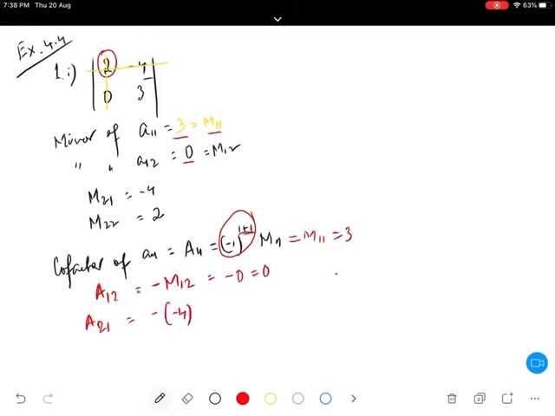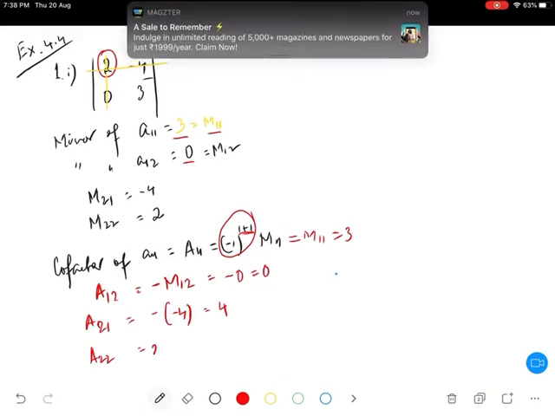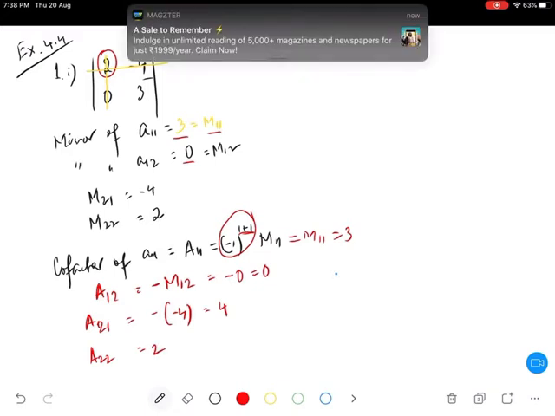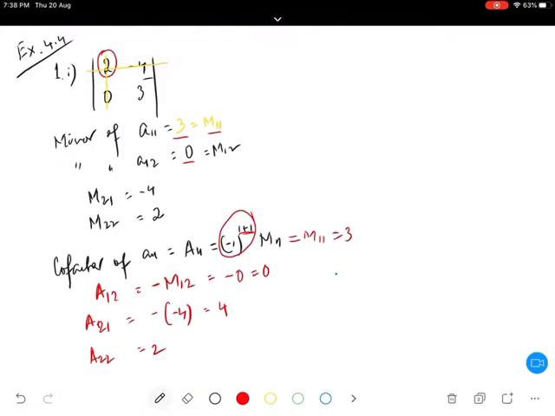There is a minus sign already there because it's an odd number, so minus of minus 4 will be plus 4. Now A22 will be just 2. So these are your minors and cofactors of the determinant.